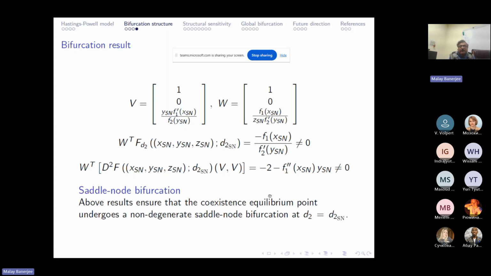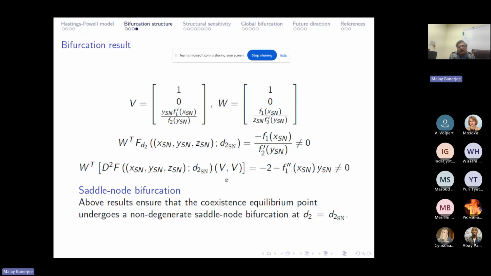Similarly, we have proved the Hopf bifurcation and a little bit about the stability of the limit cycle, and mostly we have verified the stability of the limit cycle by finding the first Lyapunov number numerically.